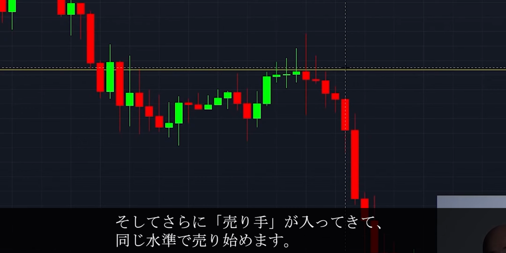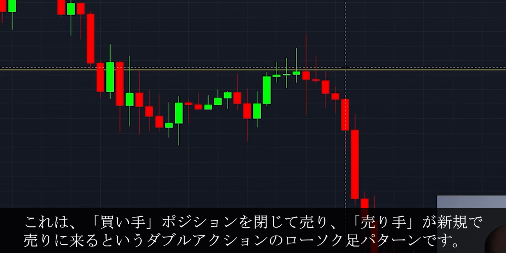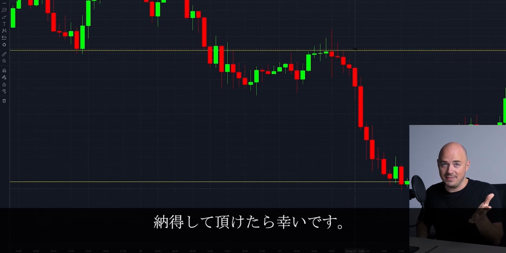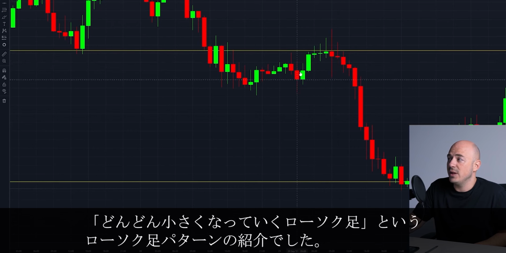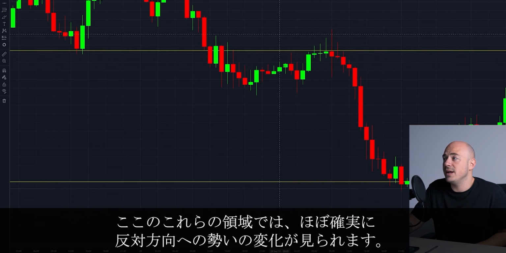Then the sellers start coming in and start selling at that same level, and it's a double action candlestick pattern, where the buyers are closing their positions selling, and the sellers are coming in opening their positions and selling. I hope that made sense. So multiple long wicks at a support and resistance zone, as well as the candles becoming smaller and smaller, these areas right here are almost guaranteed to show a momentum shift in the opposite direction.